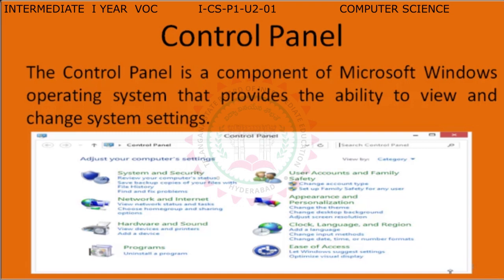The control panel is used to adjust your computer settings like system and security settings, network and internet settings, hardware and sound settings, settings related to programs, similarly user accounts and family safety, appearance and personalization settings, clock, language and region settings, and ease of access settings for better optimization of visual display.